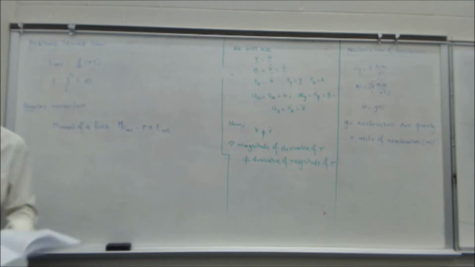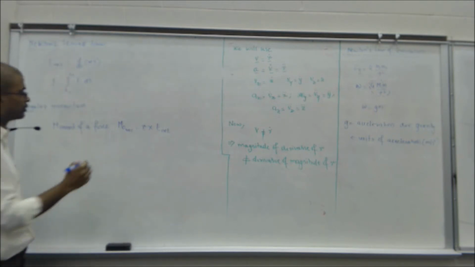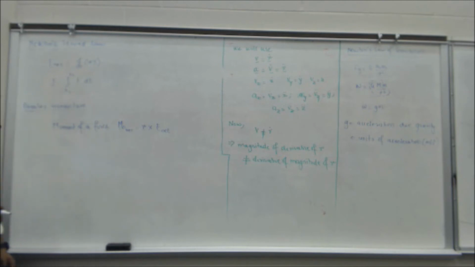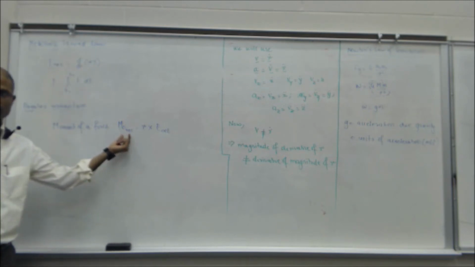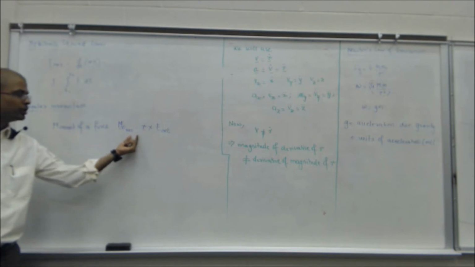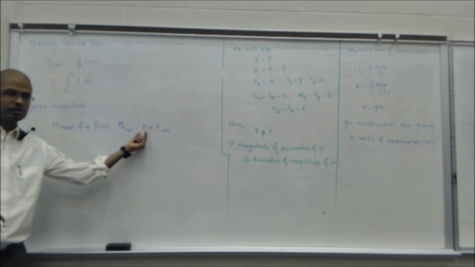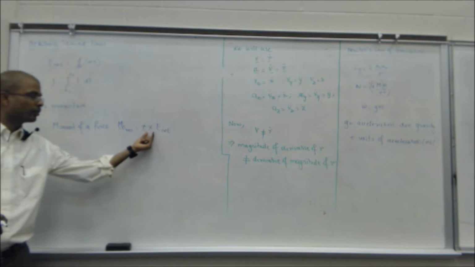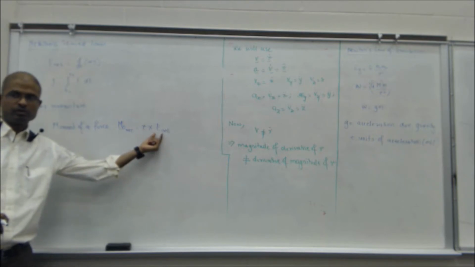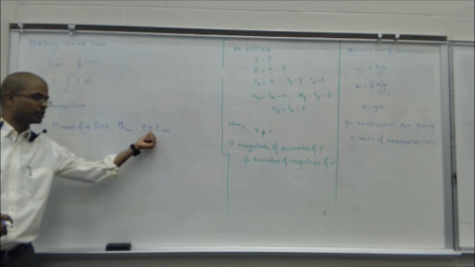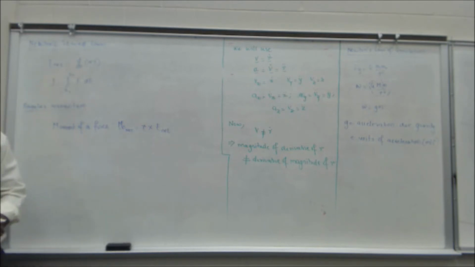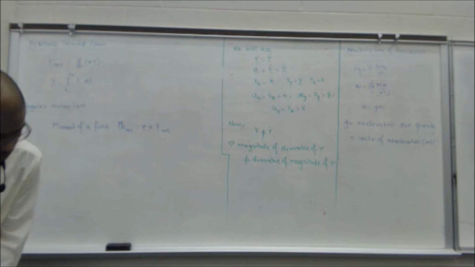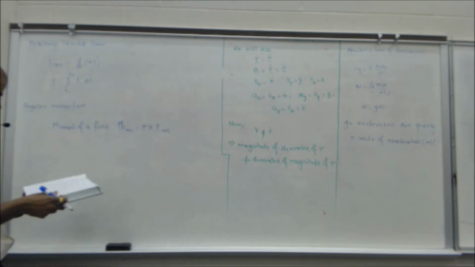So moment of a force, the way you read this is the net moment about point O is equal to the distance r crossed with the force. Okay, this is not a multiply sign. When we are dealing with vectors, we cannot use multiplication or division. We have to use dot products and cross products. Okay.